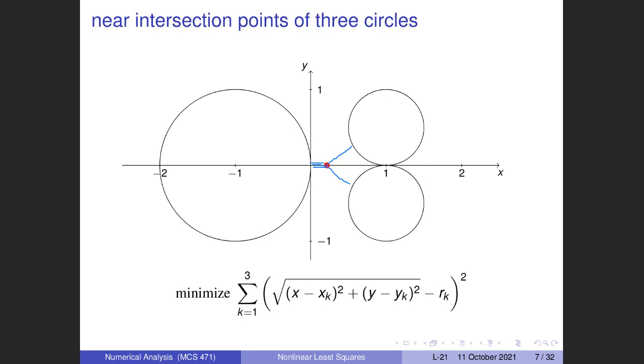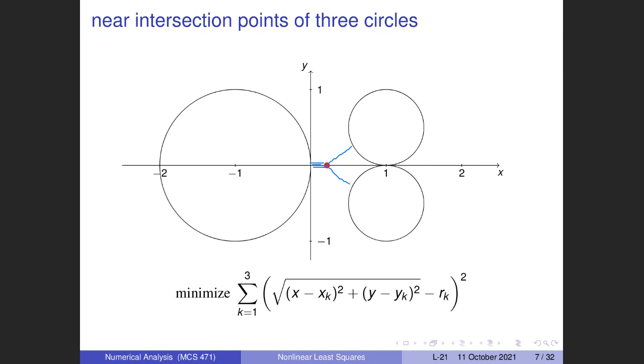We have three circles. (x1, y1) is the center of the first circle, and r1 is the radius. What is here says that we want a point on the circle. If it's on the circle, then it is 0.